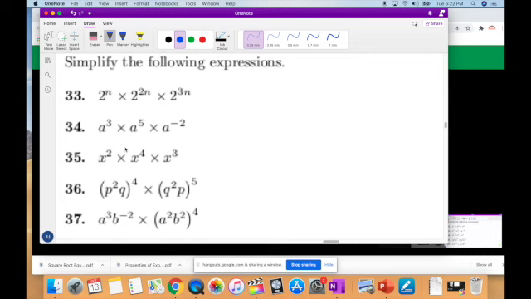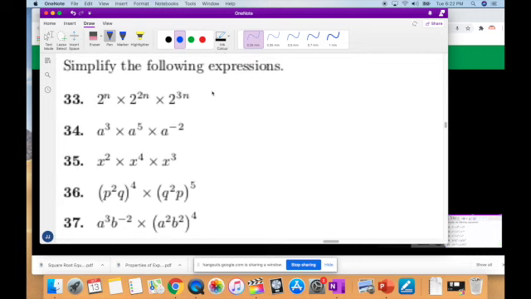So these guys are pretty easy. We have 2 to the n plus 2n plus 3n. So 3 and 2 is 5 and 1 is 6. 2 to the 6n. Anybody got this one wrong? Okay.